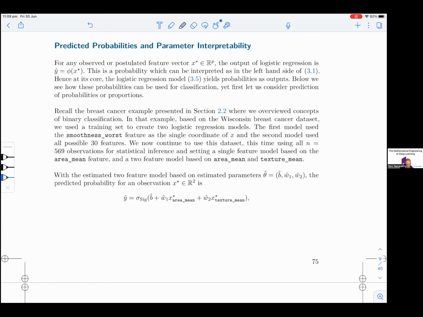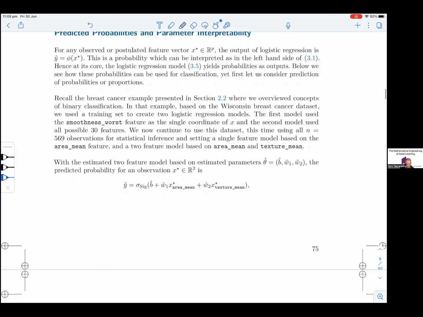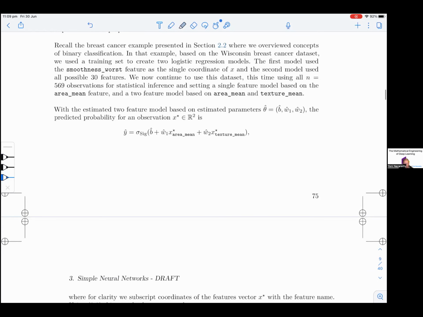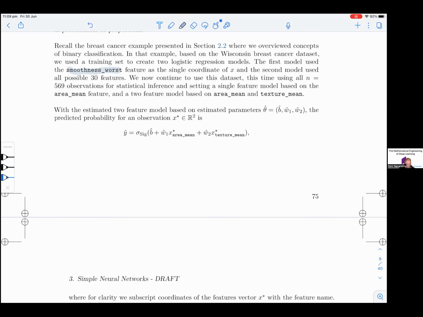Recall the breast cancer example presented in section 2.2, in the previous chapter, where we overviewed concepts of binary classification. In that example, based on the Wisconsin breast cancer dataset, we used a training set to create two logistic regression models. The first model used the smoothness worst feature as a single coordinate of x, and the second model used all 30 features.